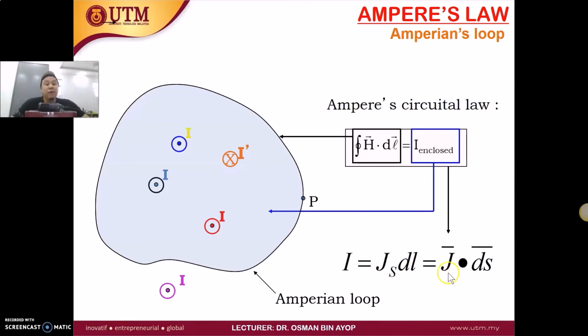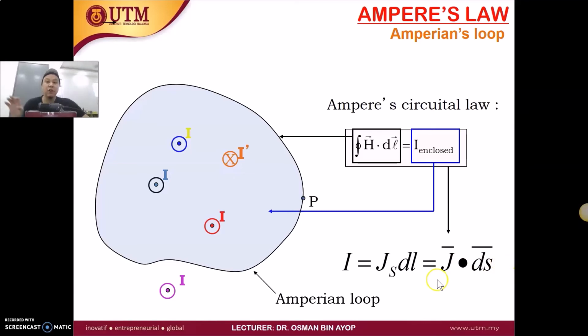And then we have the volume current, J dot dS. Both are vectors, and basically J is parallel with dS. So here we have the volume current. For example, I have a cylinder material where the dS is significant, right?